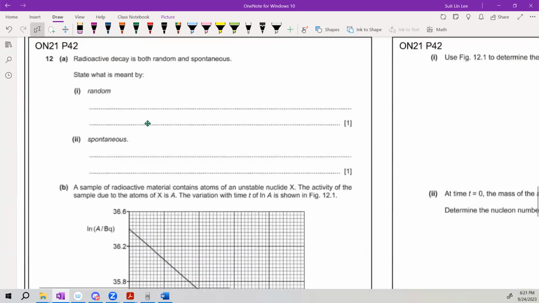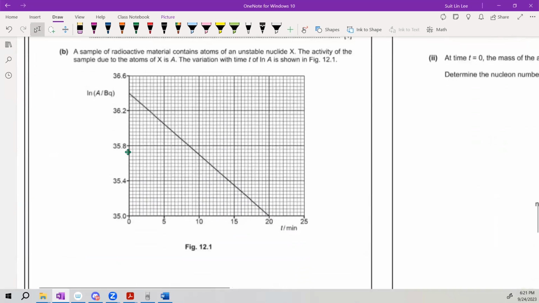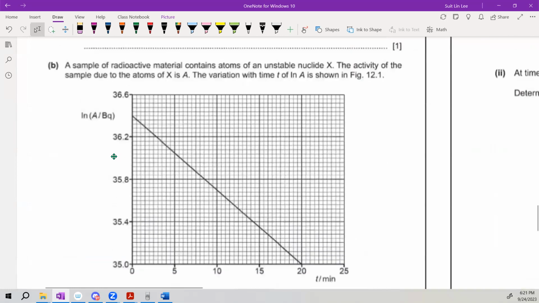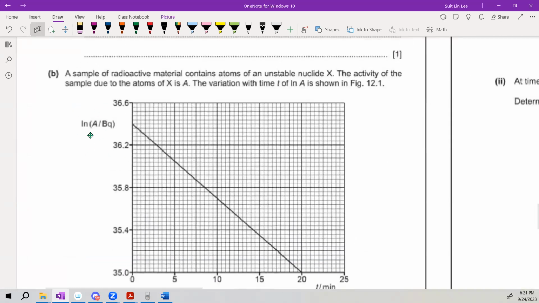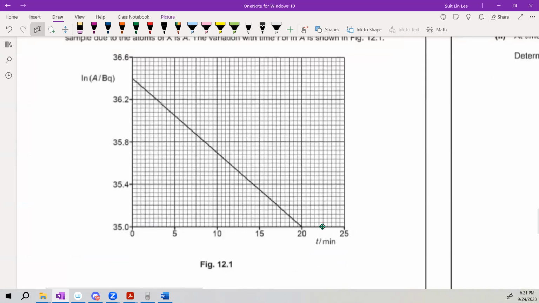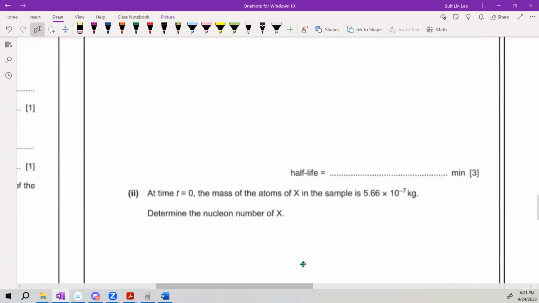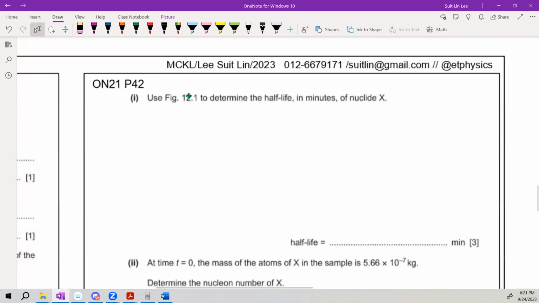All right, this one, random and spontaneous, I'm going to skip. Here we have a sample, and now they put activity. The time is in minutes. Use figure 12.1 to determine the half-life in minutes of nuclide X. This one is actually harder because they don't guide you step by step.